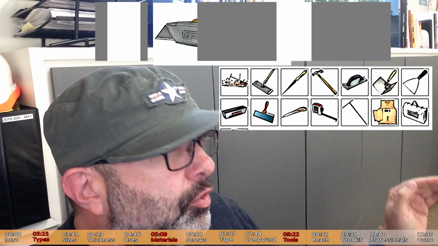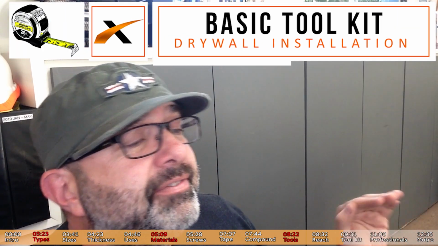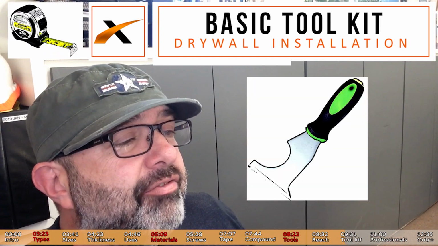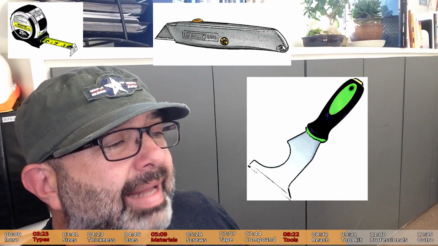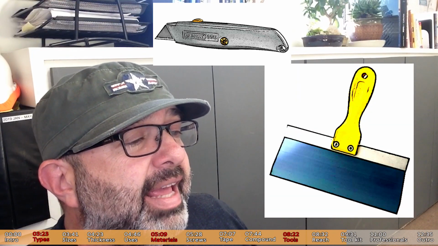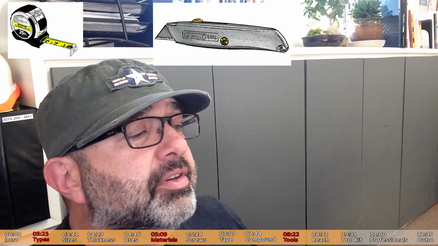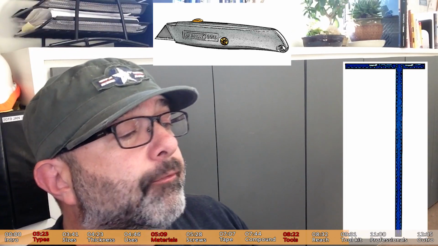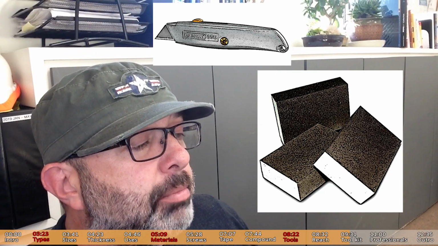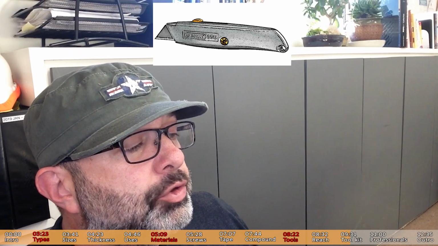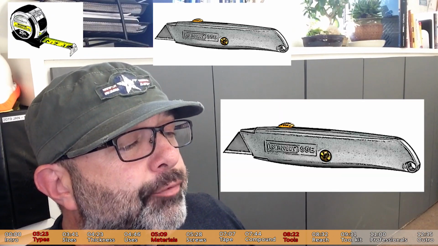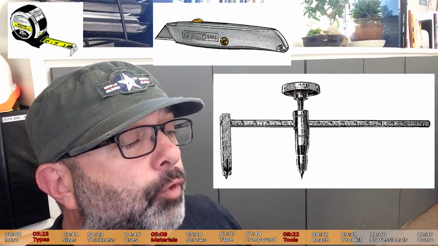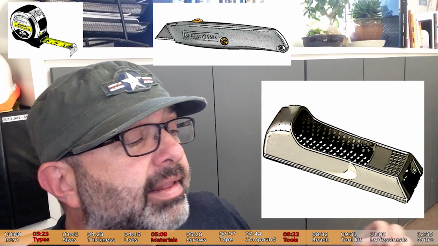A basic kit for drywall installation will include the following items: a joint knife 6 inches long, 5-in-1 painter's tool, a taping knife 10 inches long, a taping knife 12 inches long, carpenter's pencil, drywall hammer, a T or L framing square 4 foot long, some hand sander blocks, pole sander tool, a drywall stab saw, utility knife with plenty of blades, a mud pan, a large pencil drawing compass 4 inches to 12 in diameter, and a rasp tool.